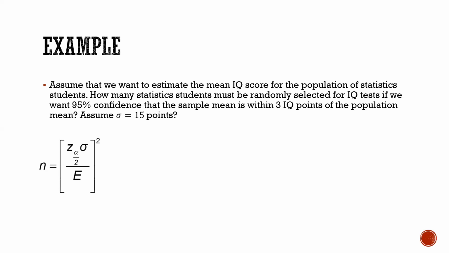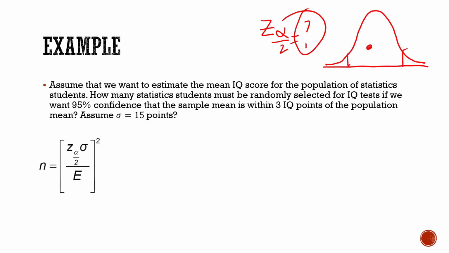Okay, so first we need to figure out z alpha over 2. Since we're using z and not t, what table should we be looking at? The z table, right? Now, we want 0.95 to be in the center, right? Let's look at our z table again. Now, I quoted you the most common values.